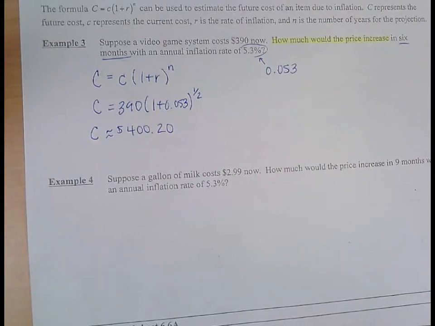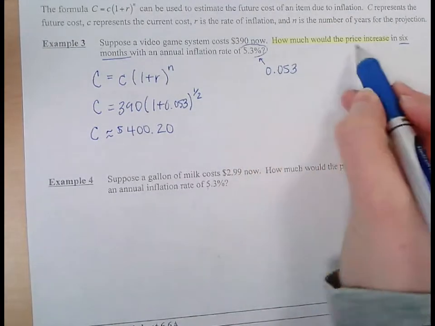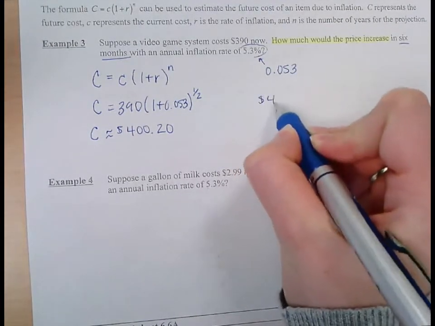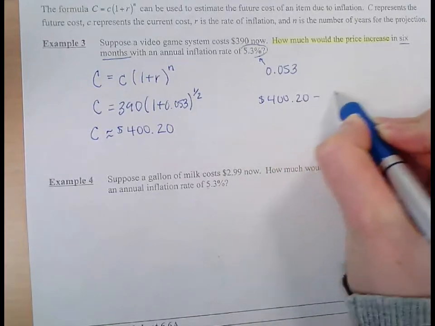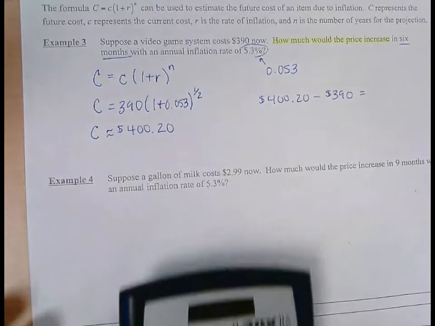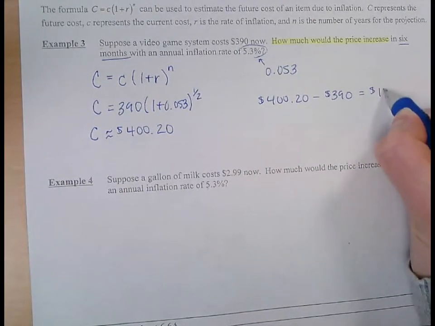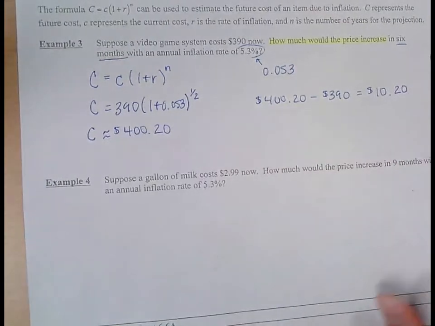So what would we still need to do before we answer the question? Yes, so the price would increase if we take $400.20 and subtract the original, which was $390. Then it increased by $10.20.